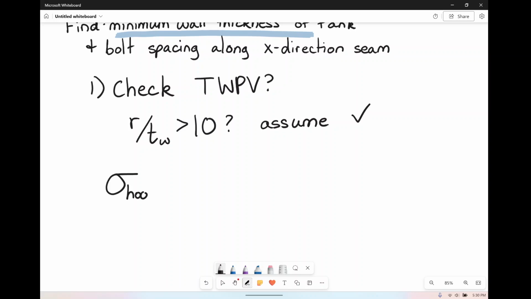Our hoop stress is P times R over thickness, and our longitudinal stress is equal to P times R over 2 thicknesses. So we have 2 equations, and we're going to plug into both, because we're technically a cylindrical tank. If we were just looking at a spherical tank, we'd only have longitudinal stress. But because we're a cylinder, we have both hoop and longitudinal.